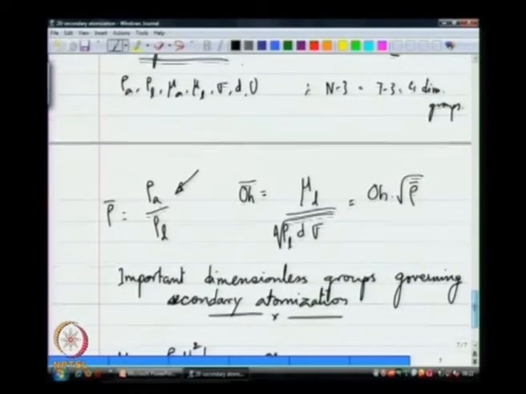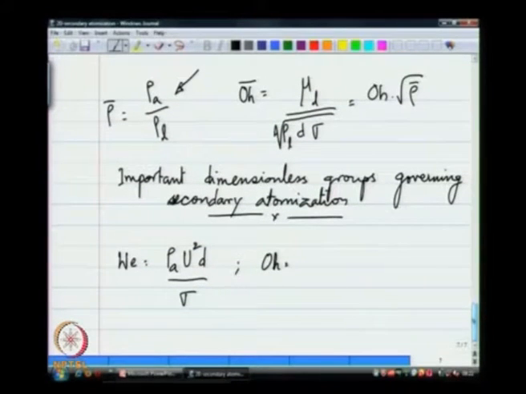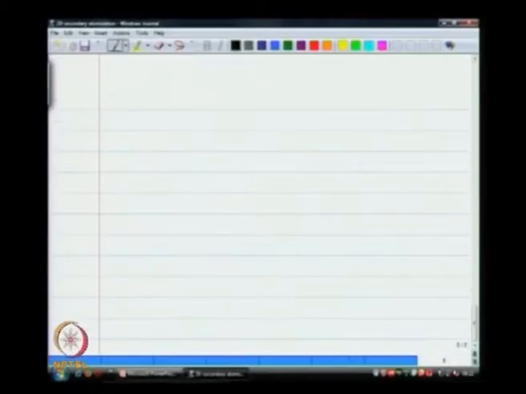So, typically for secondary atomization, we found that this Weber number and Ohnesorge number defined based on the liquid properties seem to play a big role and seem to be used in the literature to characterize the regimes in which these drops break up. We will look at that in just a moment.